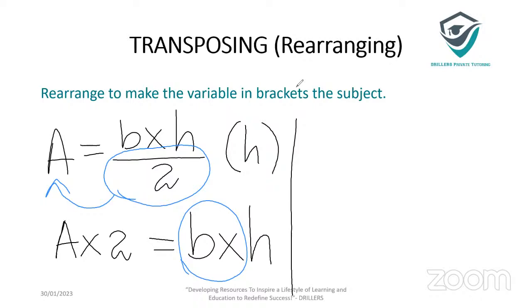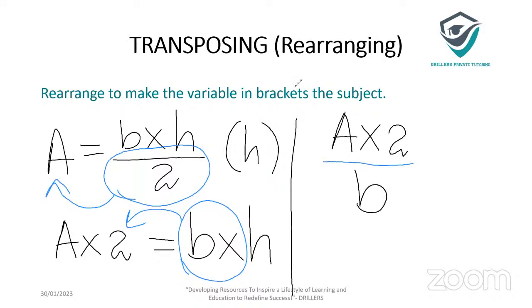So I'm now going to have a multiplied by 2. If I'm moving this multiply across, I'm going to divide. So that means everything that is on my left is now going to be divided by b. So a multiplied by 2, all of that is going to be divided by b. And of course, that is equal to h. So I just have h by itself now.